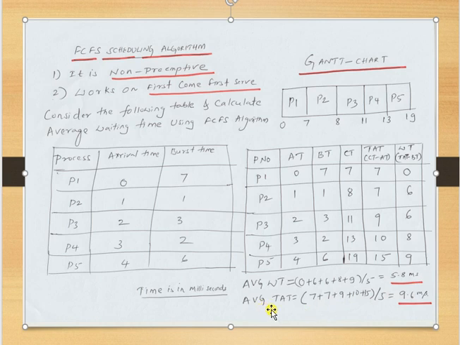Again, the average turnaround time is calculated by adding all the turnaround times of each process and dividing by 5, so we get 9.6 milliseconds. In this way we find the average waiting time as well as the average turnaround time.